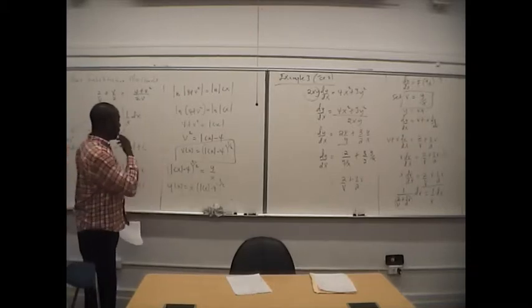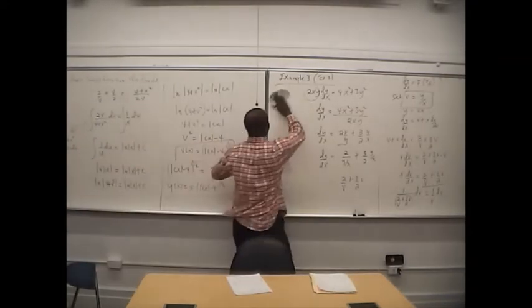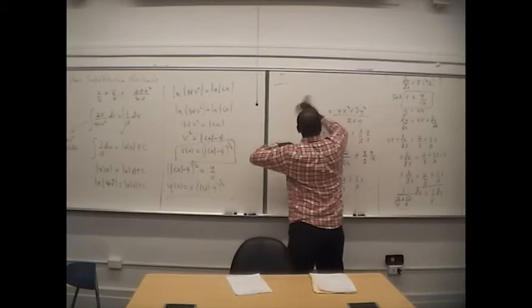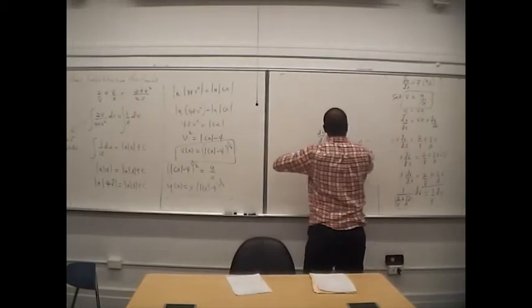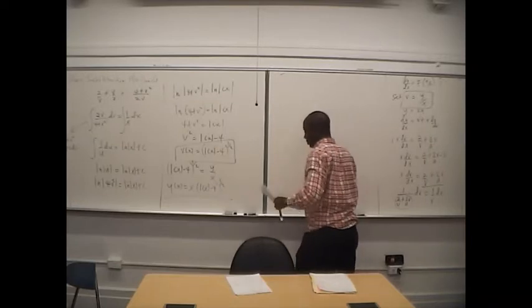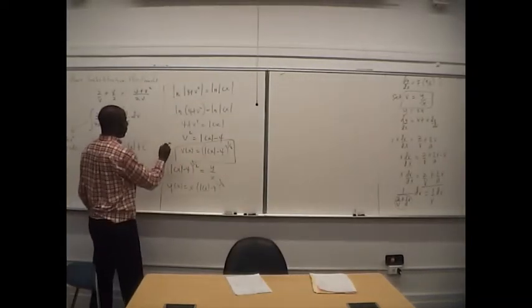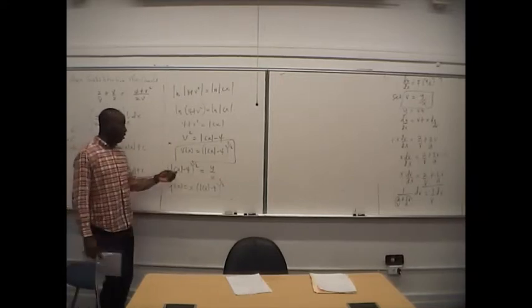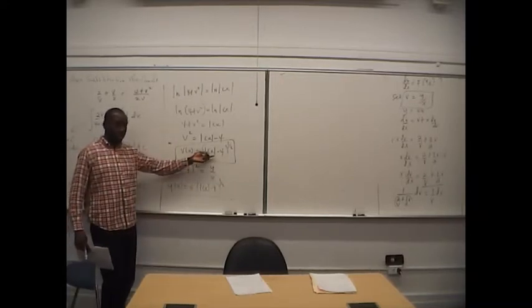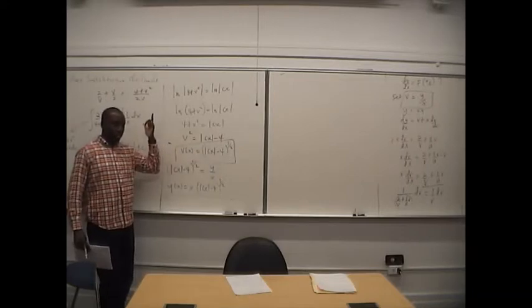Now, of course, there's one thing that I have skipped over. This is not entirely correct. This is just one part of my solution. Notice that at this point, when I solve for v, I only consider the positive square root. But there are two possibilities for v. It could be the positive square root or the negative square root.